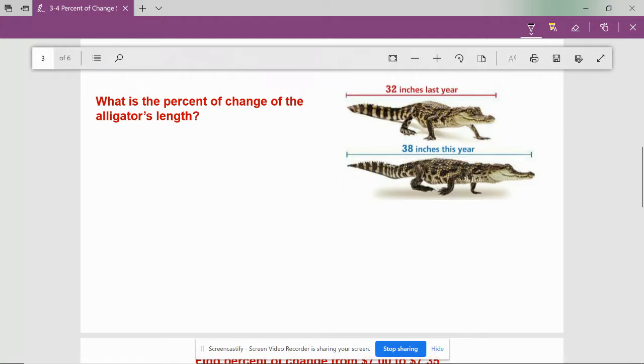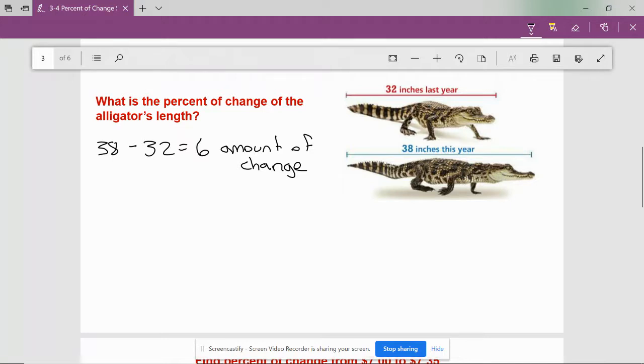This year he's 38 inches, and last year he was 32 inches, so our amount of change is equal to 6. Hopefully that makes sense. Okay, so 6 is our amount of change.